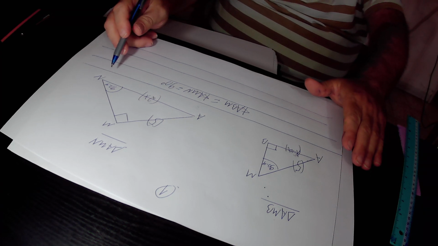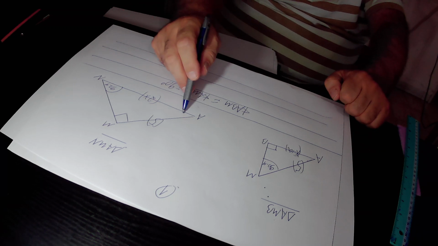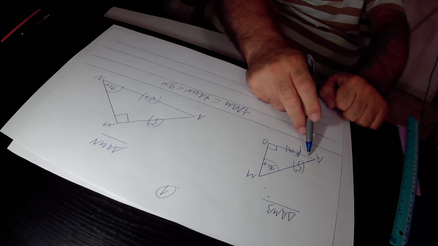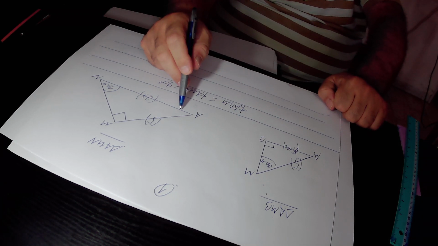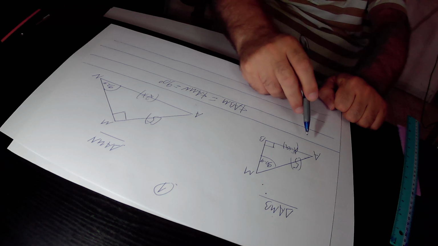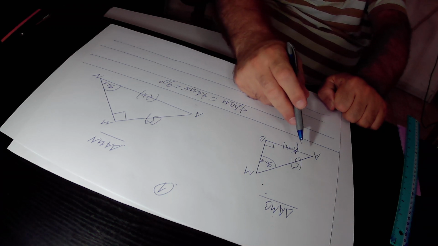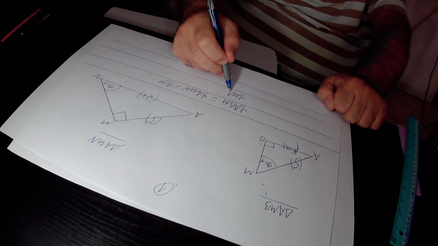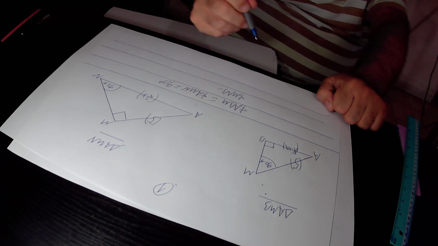In addition, as I already mentioned, this is angle A, a common angle that belongs to both triangles. You can see that angle A also belongs to this triangle AMB. So you can write down that angle A equals itself as a common angle that belongs to both triangles. If we write angle A as it belongs to this right triangle AMB, it is defined as angle MAB. And angle A equals itself.